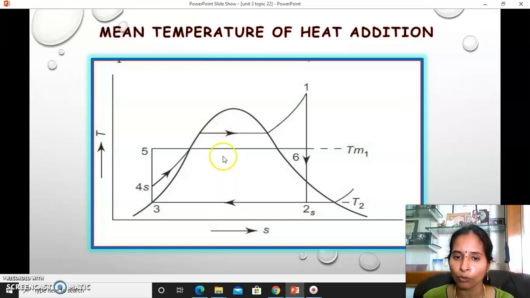If both the areas are equal, then it would be so easy to find what should be the superheated temperature.